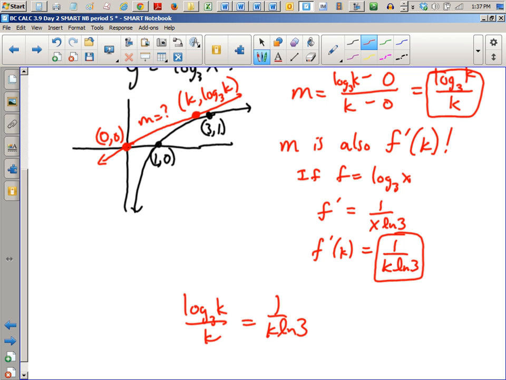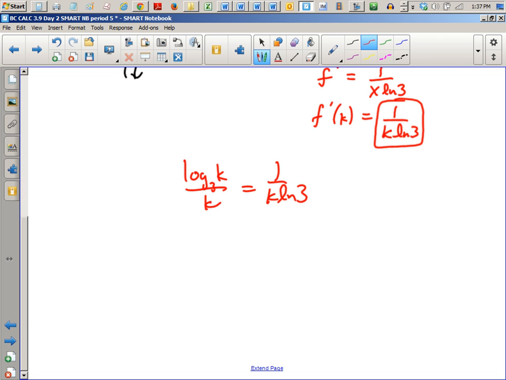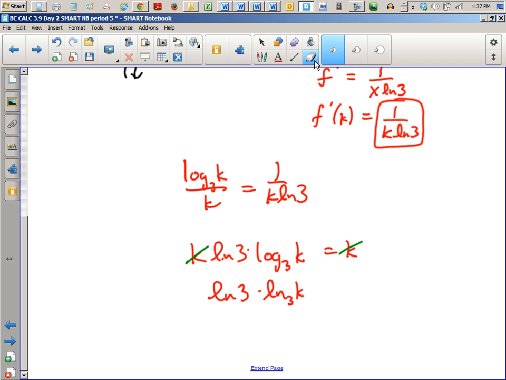If you cross multiply this, you get k ln 3 log base 3 of k equals k. You'll notice that the k actually cancels out, leaving you with ln 3 times log base 3 of k equals 1. In other words, log base 3 of k equals 1 over ln 3.